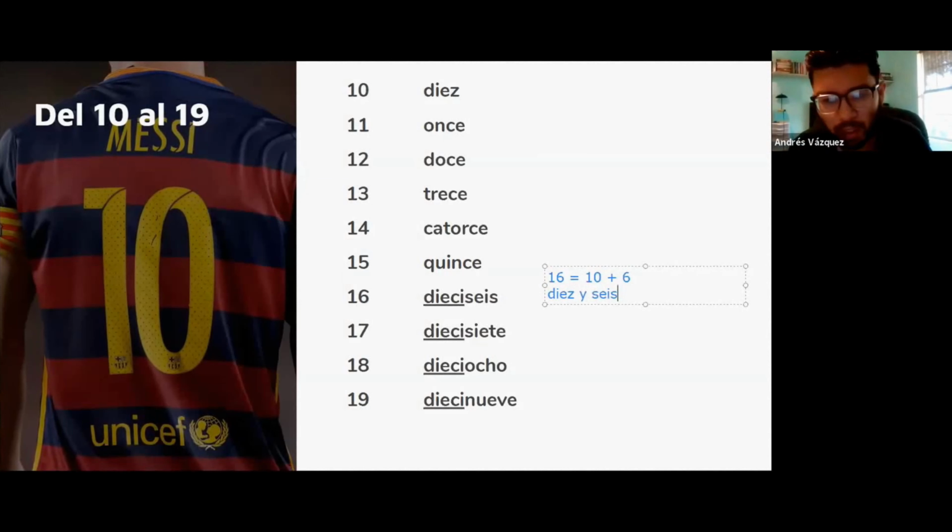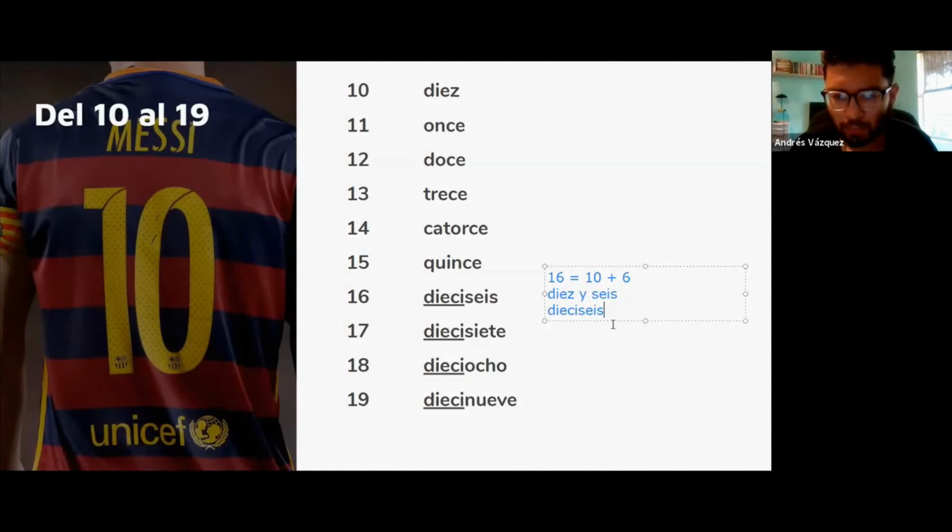So a direct translation of this will be 10 and 6, or 10 plus 6, which is sort of transformed into a compound word with 16, no? So same thing with 17, 18, 19, no? That initial 10 is 10 and, so 10 and 6, 10 and 7, 10 and 8, 10 and 9.